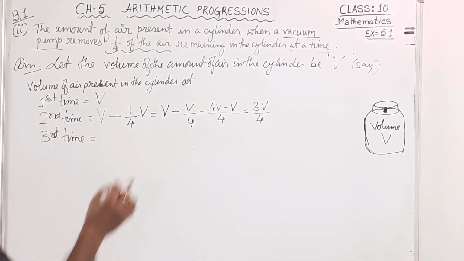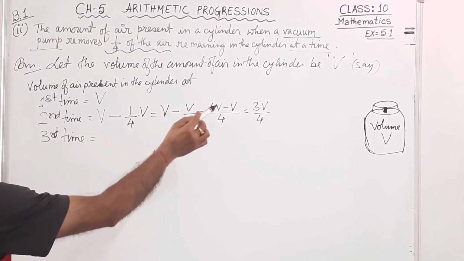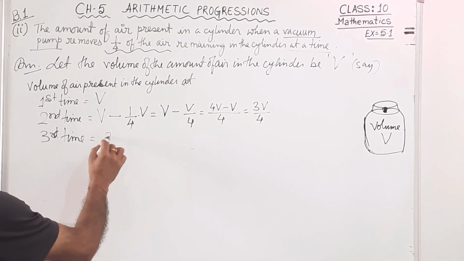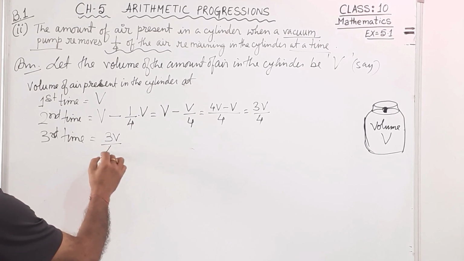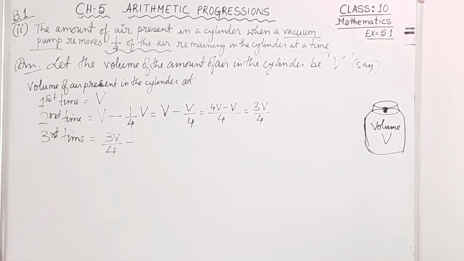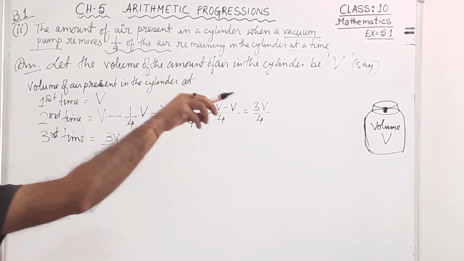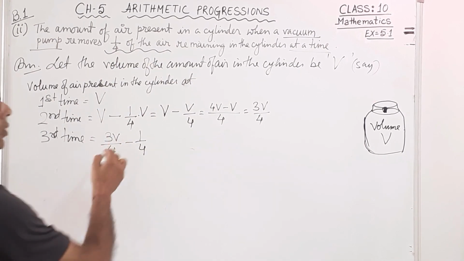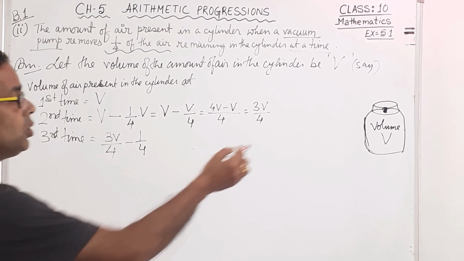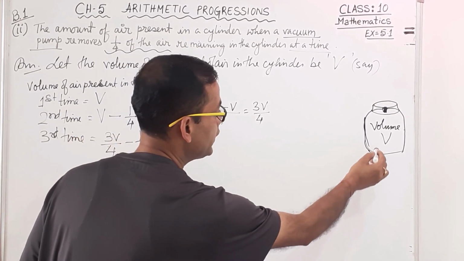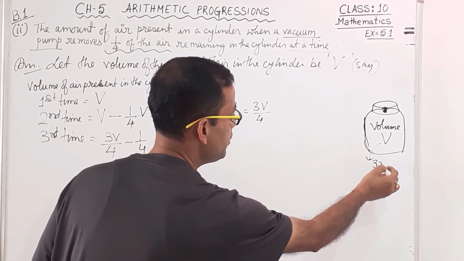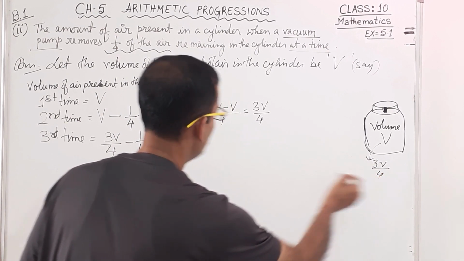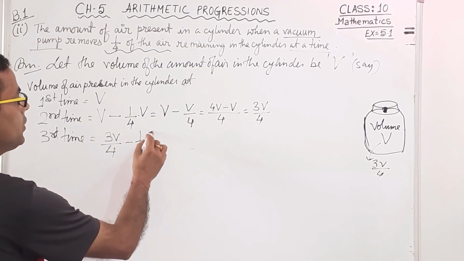Now third time. The volume present now is 3V by 4, and again you are putting that vacuum pump and taking out 1/4. Now it is no more V. Now the volume has changed from V to 3V by 4, so 3V by 4 will come out.